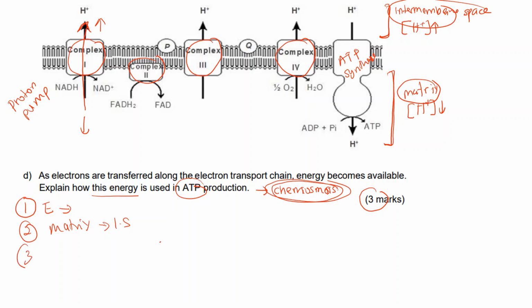For the third point, you mention there is a high concentration of hydrogen ion in the intermembrane space that will create proton motive force, and then this force will drive the hydrogen ion back into the matrix through the ATP synthase.